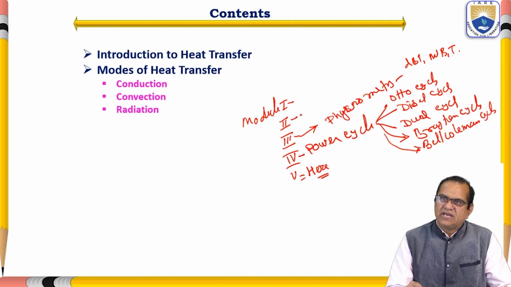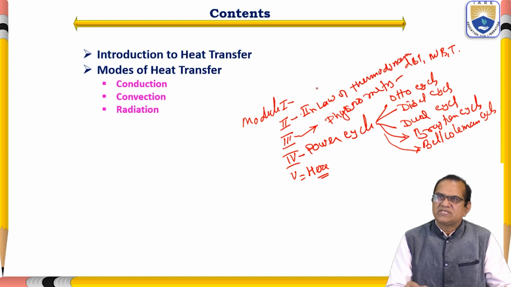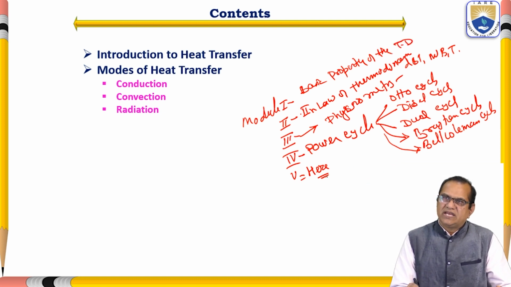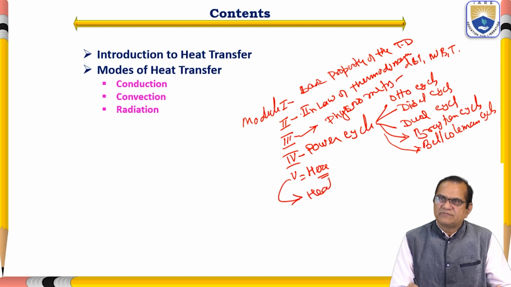And here we have seen the second law of thermodynamics, and the basic properties of thermodynamics. This we have covered. Now we are here, and in this module 5 we will be seeing heat transfer, and the second one is gas compressors.